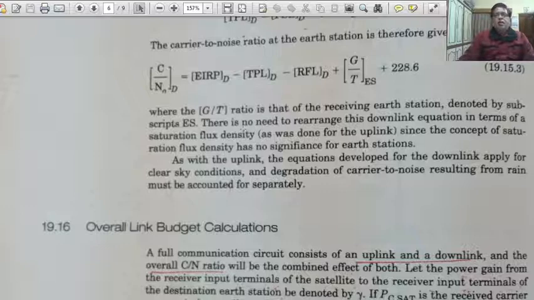There is no need to rearrange this downlink equation in terms of a saturation flux density, as was done for the uplink, since the concept of saturation flux density has no significance for earth stations.